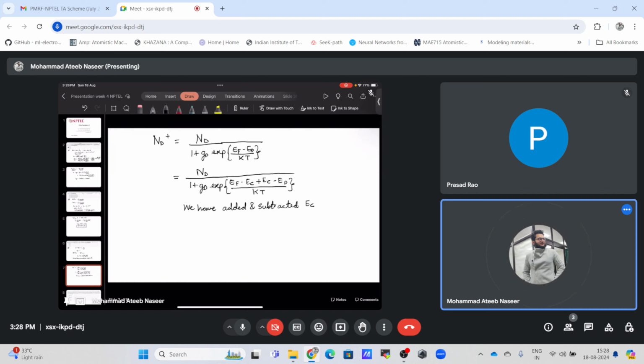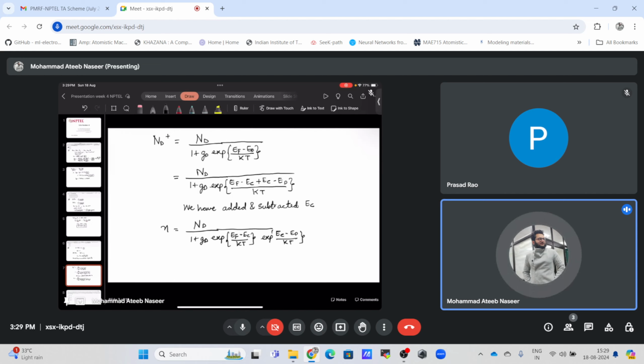So this Nd positive was simply n. So n is simply Nd divided by 1 plus Gd exponential of EF minus EC by KT into exponential of EC minus ED by KT.